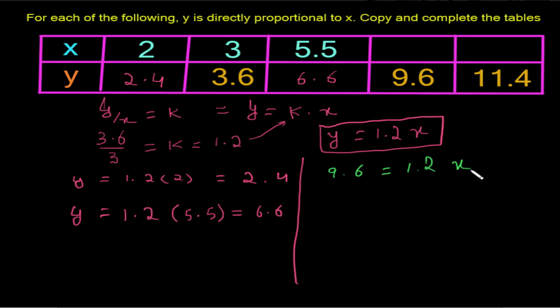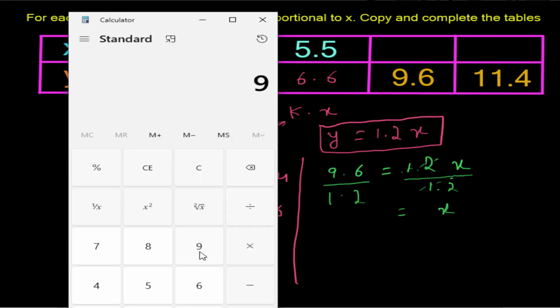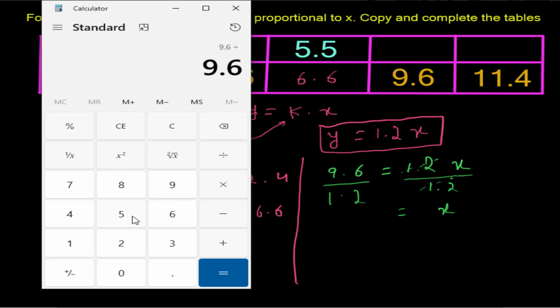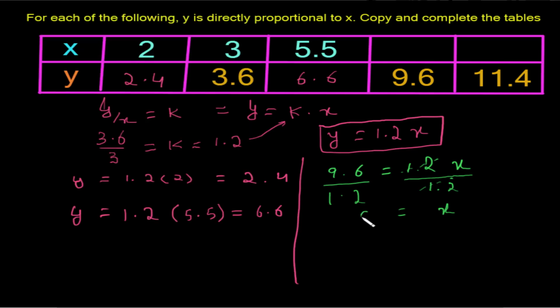To isolate x, I will divide this side by 1.2 and also this side by 1.2. Now this will cancel, so here we will be left with x, and here let me use the calculator. 9.6 divided by 1.2 is equal to 8. Alright, so when y is equal to 9.6, x is equal to 8.